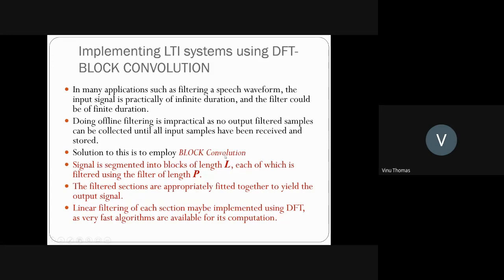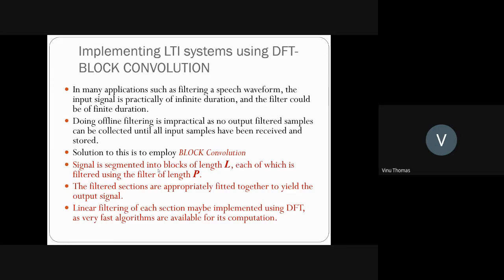So in block convolution, we segment the signal into blocks, and we will call the length of each block L. So the block has a length equal to L, each of which is filtered using the filter of length P. Let us say one block is 100 milliseconds of speech.